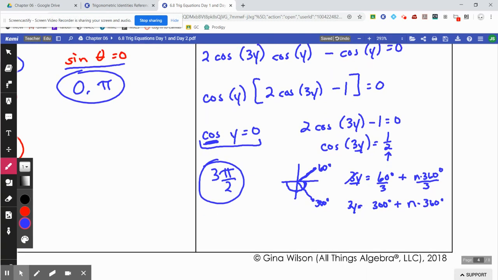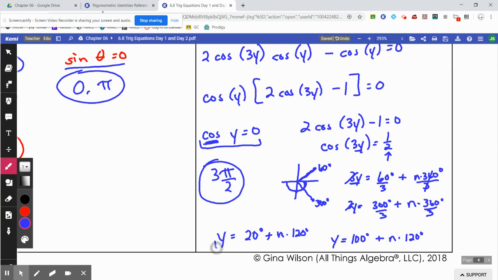And now my first answer is actually equal to 20 degrees plus, when you divide 360 by 3, n times 120. My other answer when I divide by 3 is equal to 100 degrees plus n times 120, and that answer is also going to occur every 120 degrees.